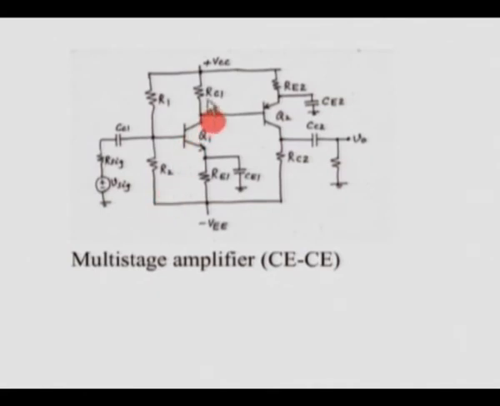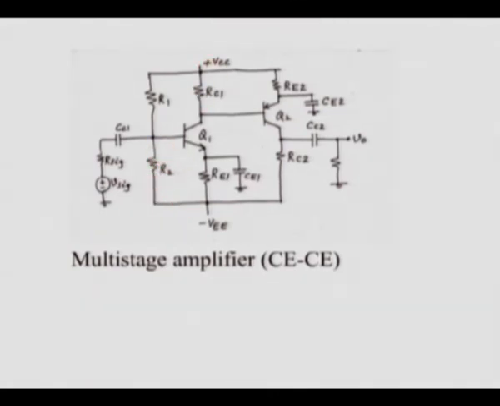That VBB would be nothing but VCC times R2 by R1 plus R2, and then the Thevenin resistance would be RB, which is nothing but R1 parallel R2.